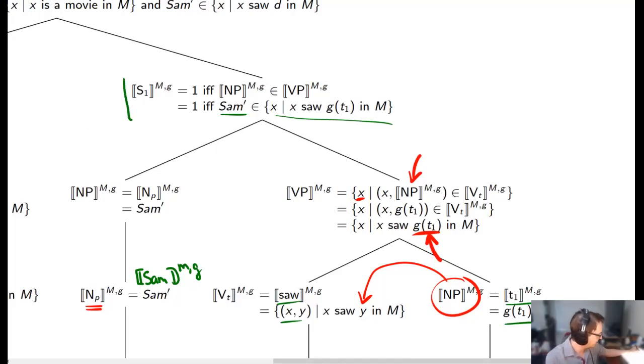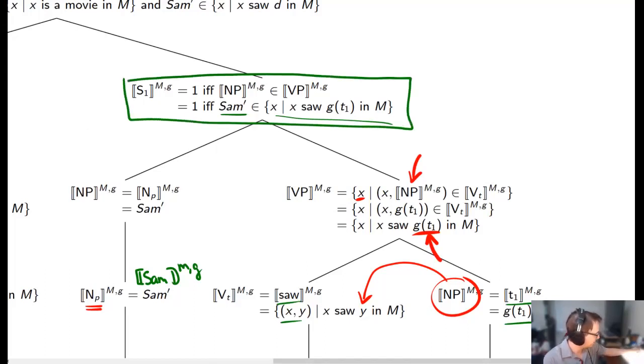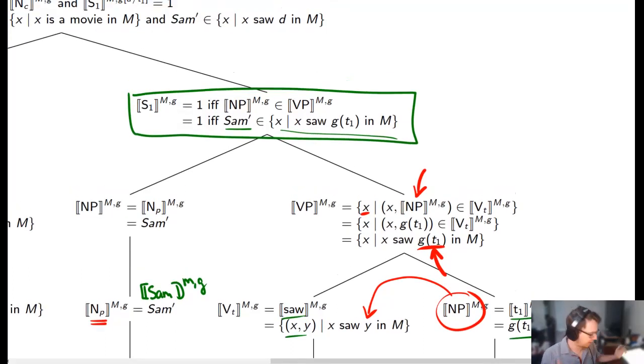So we've now successfully constructed exactly what we constructed in F1. Except now we have g of t1 instead of a proper name. But everything we've learned before has carried over, which is really nice. So in terms of the predicate logic, we've essentially constructed at this point saw Sam x.